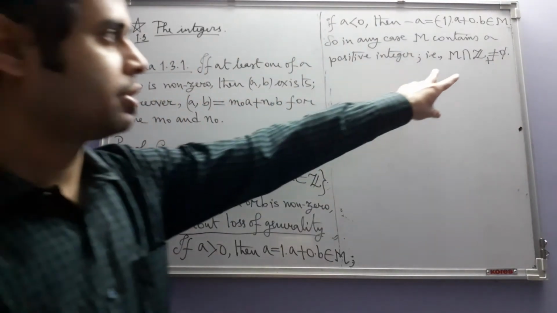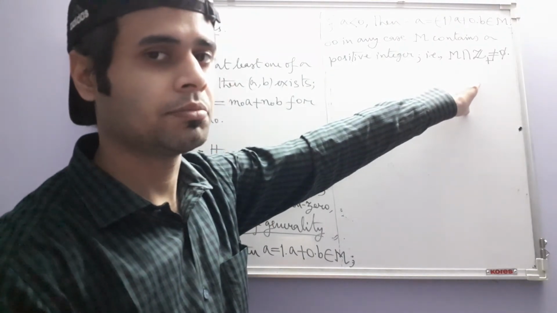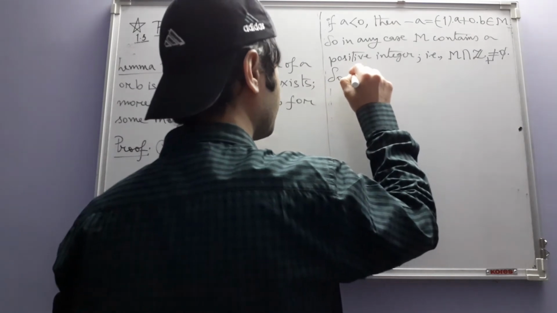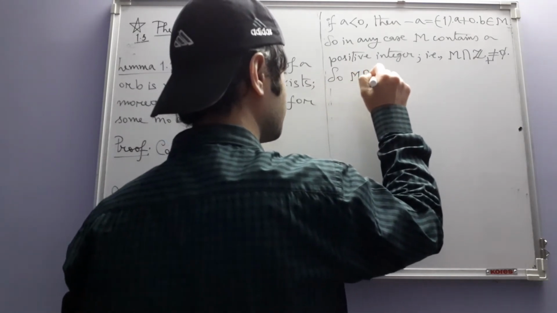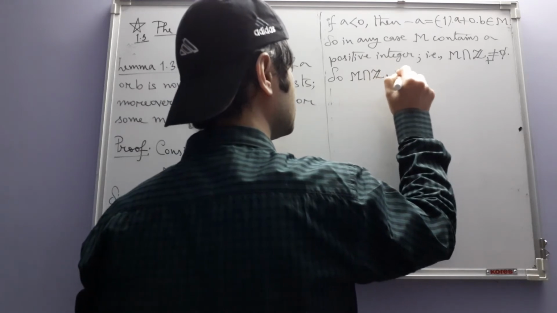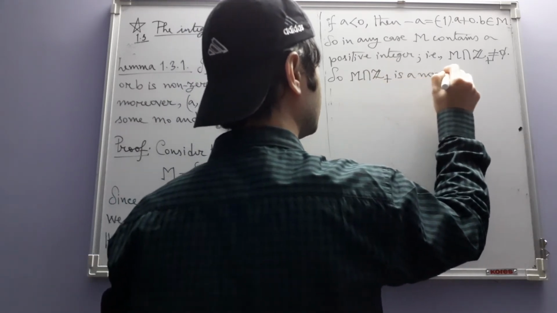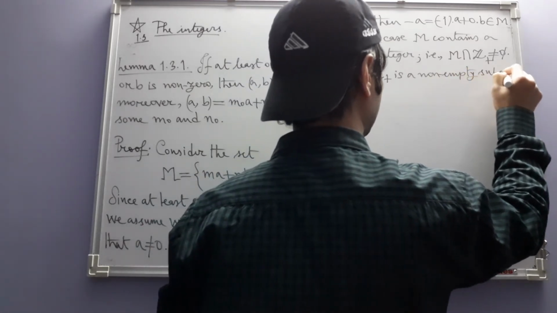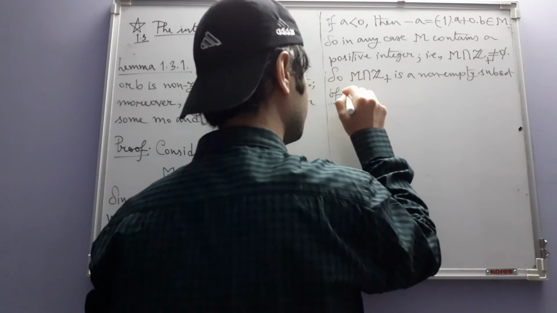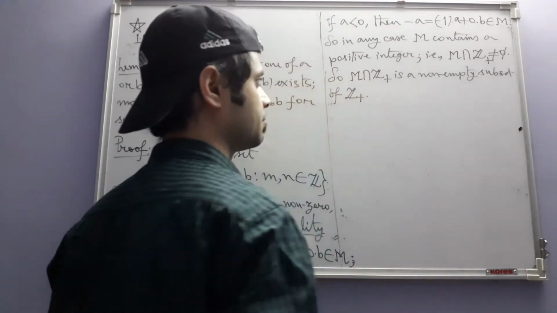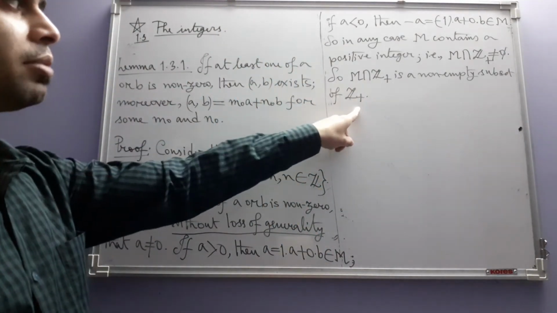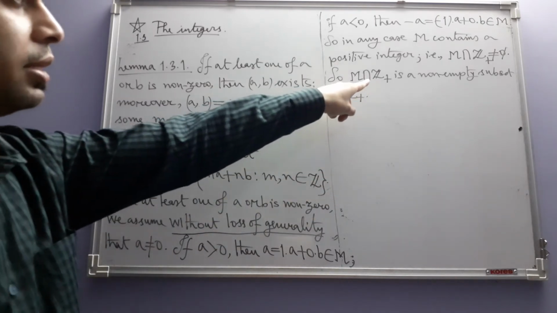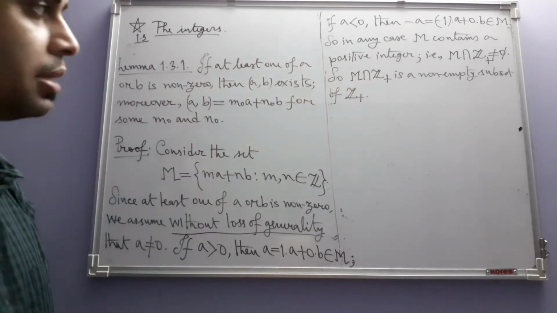Okay, now you look at this set M intersection Z plus. So M intersection Z plus is a non-empty subset of the set of positive integers. It's a subset of Z plus because it's an intersection. So from the elementary properties of intersection, we get this fact that this is a subset of Z plus.